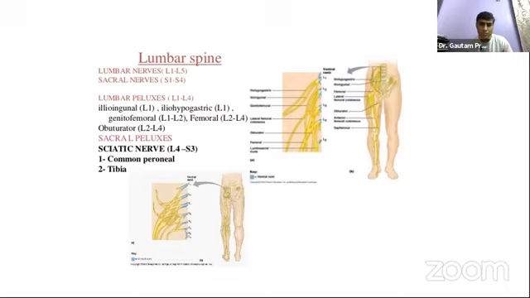That means if a C5 C6 disc is getting protruded and it's compressing the exiting root, then the C6 root will be affected. Whereas in a lumbar spine, if an L4 L5 disc is getting protruded and it's compressing the nerve root, it's most likely to affect the lower L5 root.